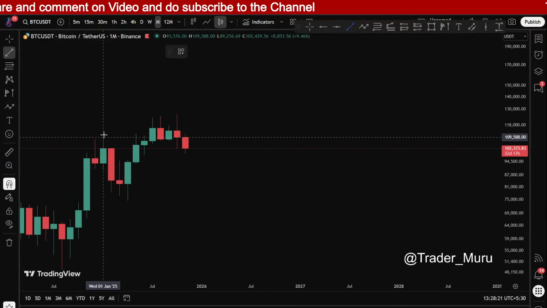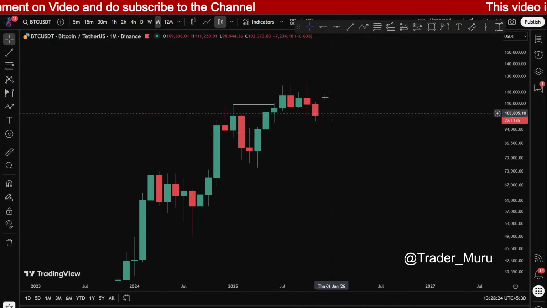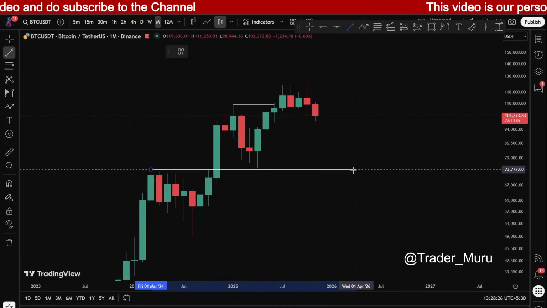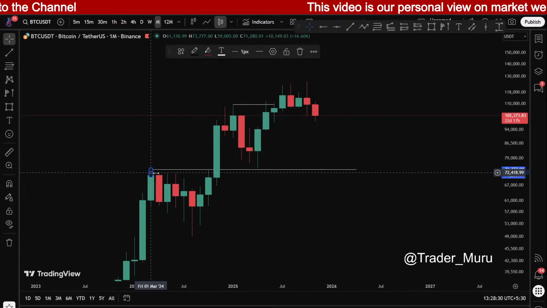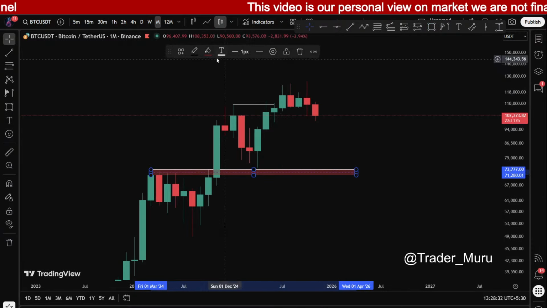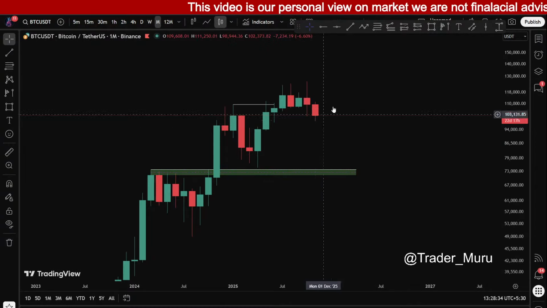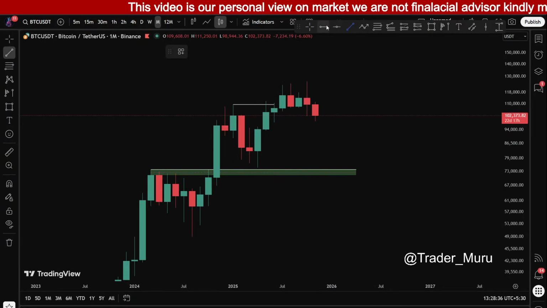BTC is risky right now. On the monthly chart, BTC is still bullish, and this is a possible inducement. See this.